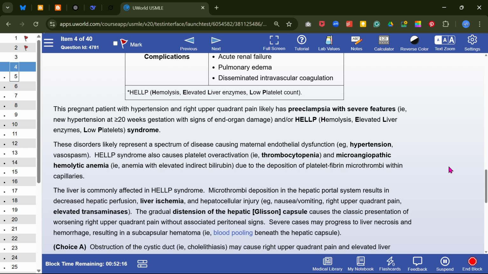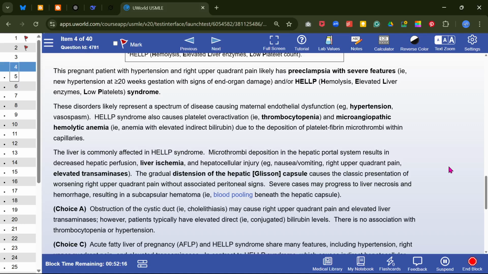The gradual distension of the hepatic Glisson capsule causes the classic presentation of worsening right upper quadrant pain without associated peritoneal signs. Severe cases may progress to liver necrosis and hemorrhage, resulting in subcapsular hematoma, blood pooling beneath the hepatic capsule.